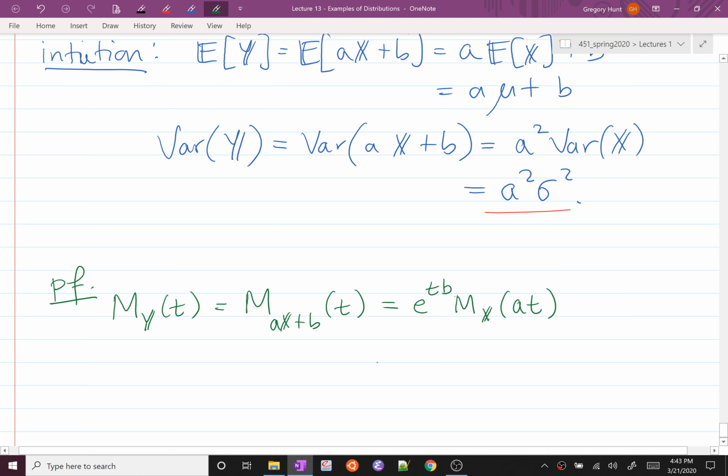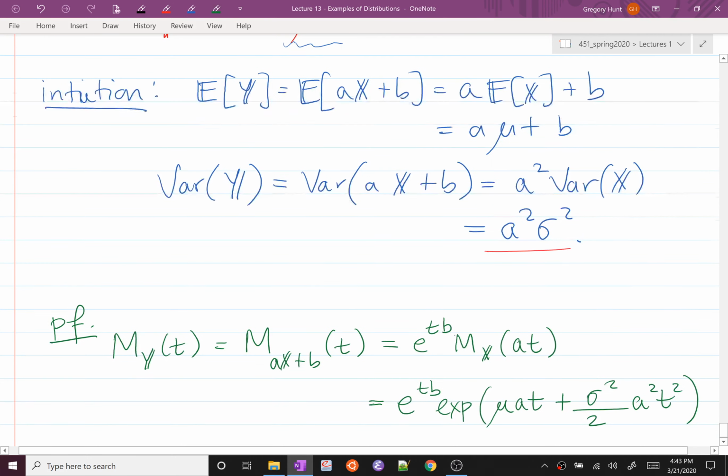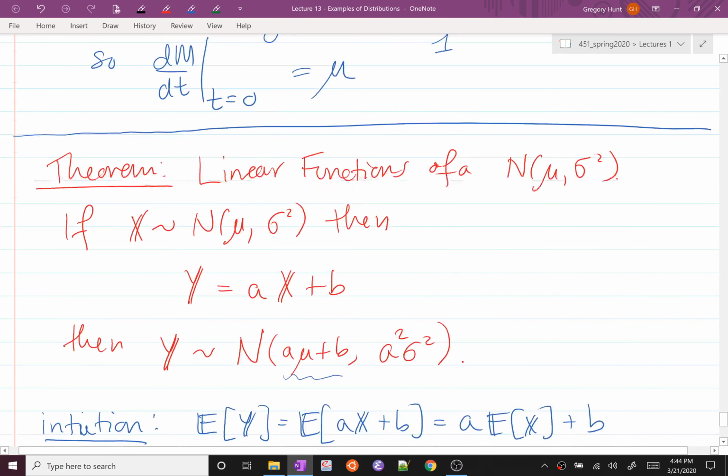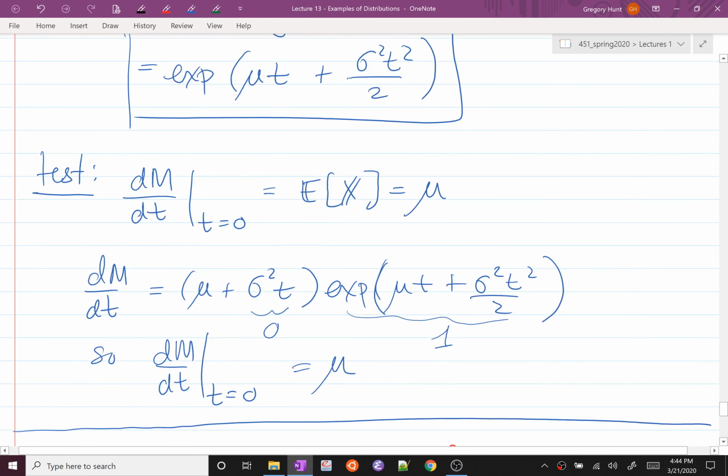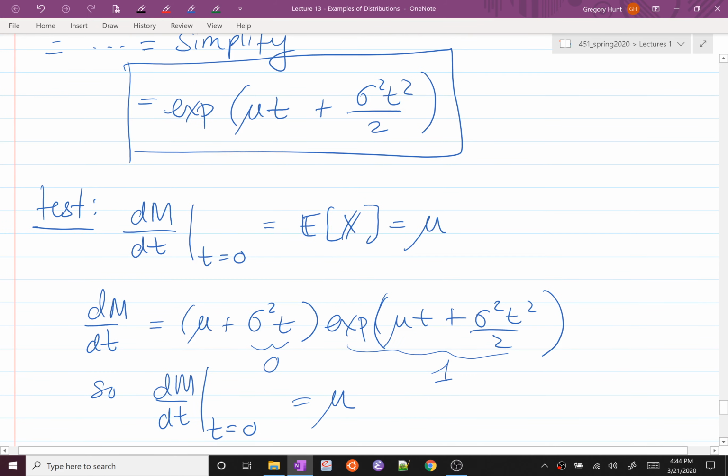In this case, we know X is normal, and so we know the form of the moment generating function. It's mu t, so instead of t we have a t, plus sigma squared over 2 times t squared, or a squared t squared. If we go back up to our form of the MGF for the normal, we're plugging in a t for t.